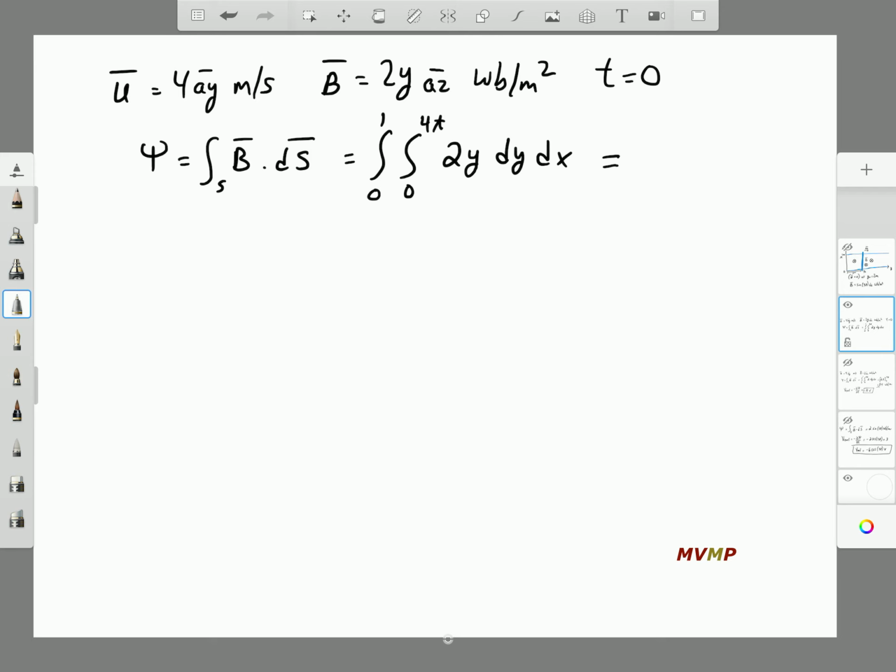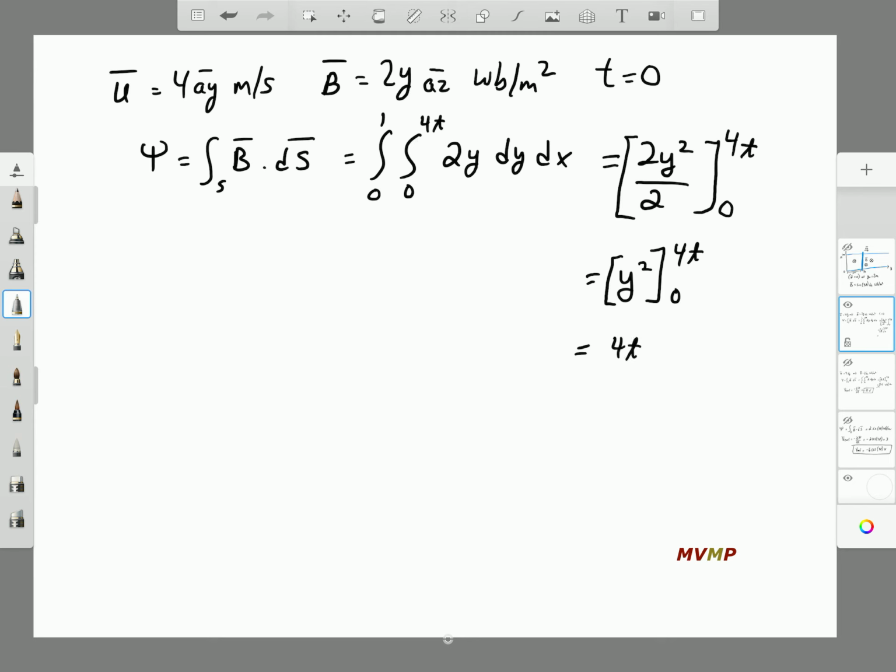So when we integrate 2y with respect to y, we get 2y squared over 2, from 0 to 4t, and that just reduces to y squared from 0 to 4t. And when we plug in a 4t where y is, we get 4t squared.